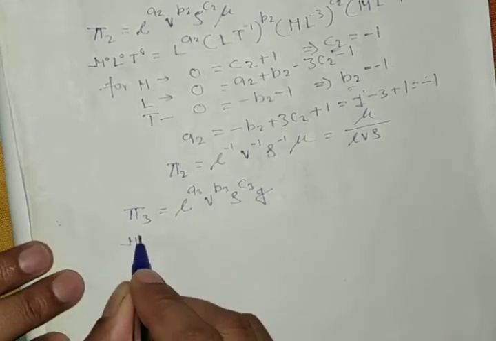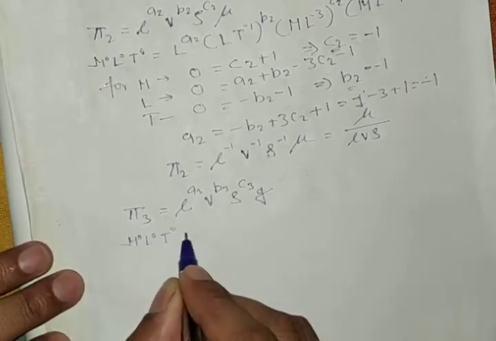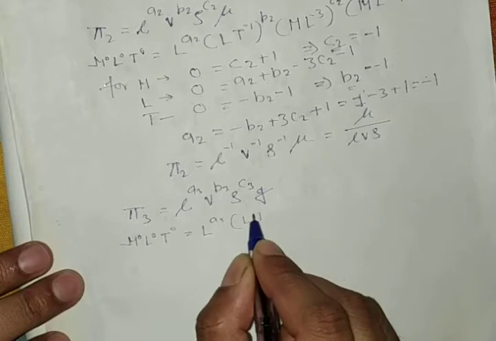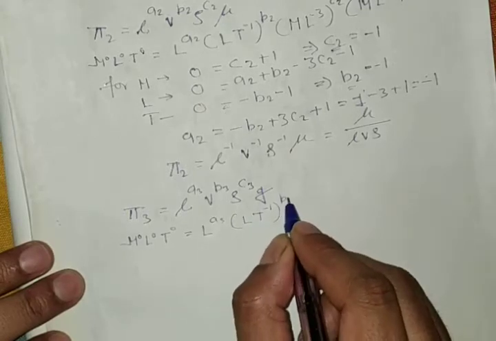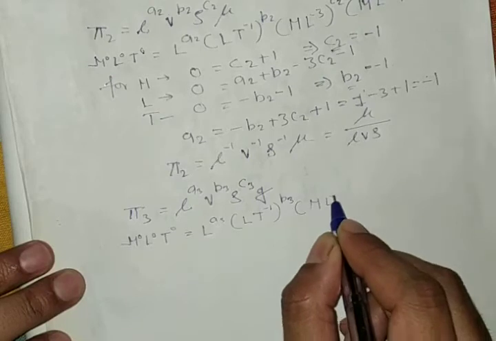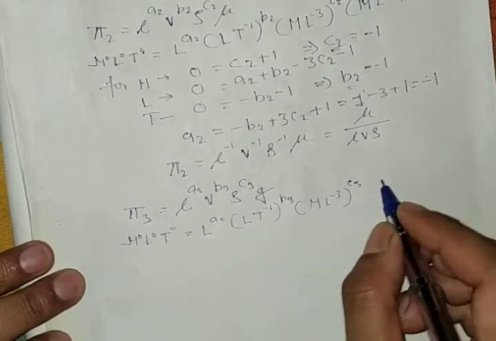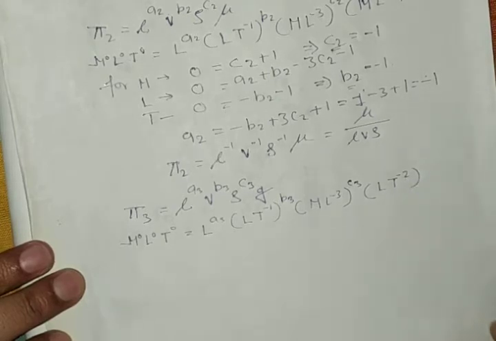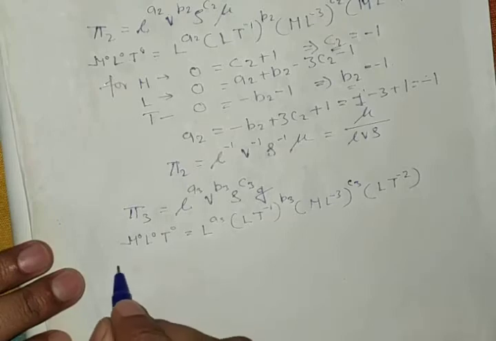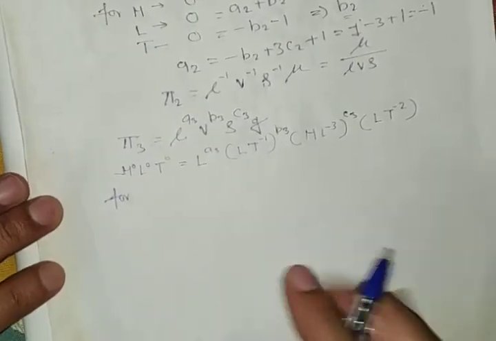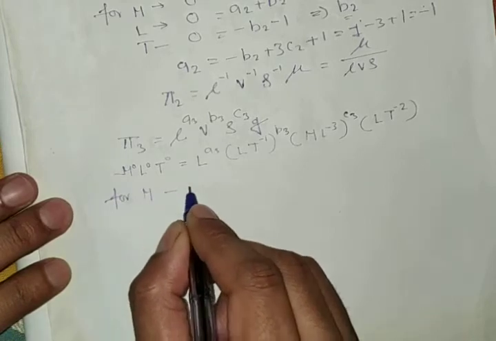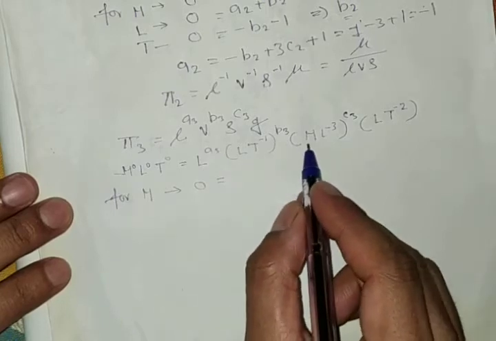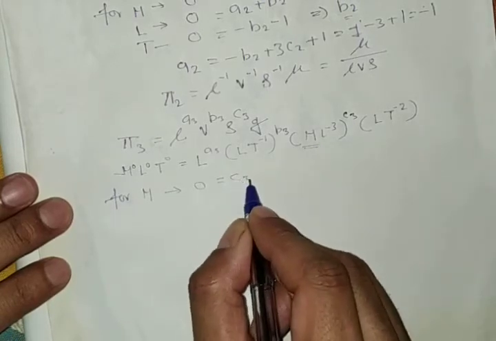So this is M0 L0 T0 equal to L^A3, L T^-1 to the power B3, M L^-3 to the power C3, and for gravitational acceleration L T^-2, like this. So for M it is 0. Here only you get M, so C3.